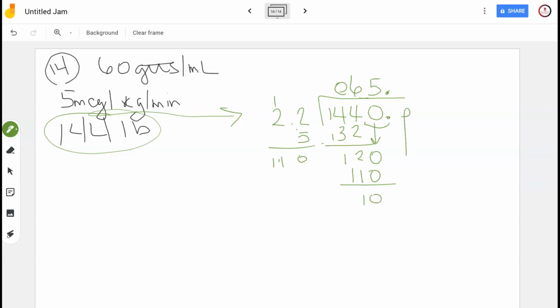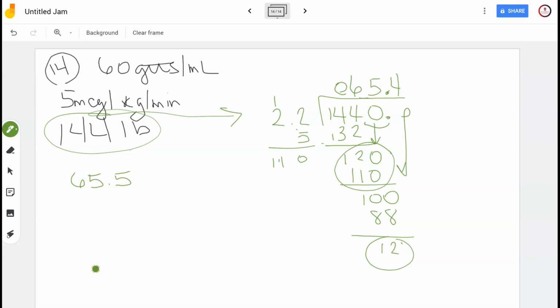Here's your decimal, add another 0. 22 goes into 100 4 times. And here, if you see this, you got this repeating decimal that's going to keep going. So 65.4. So we'll use 65.5 kilograms.